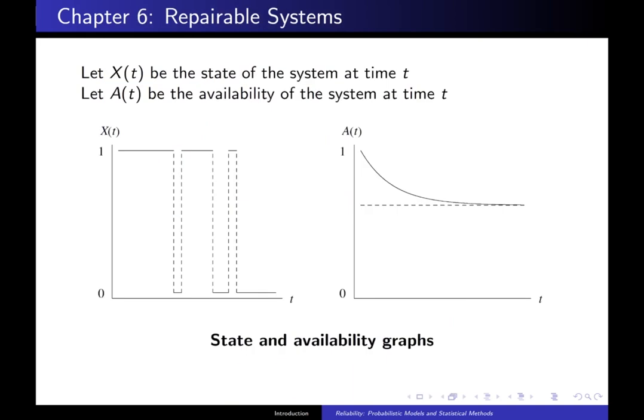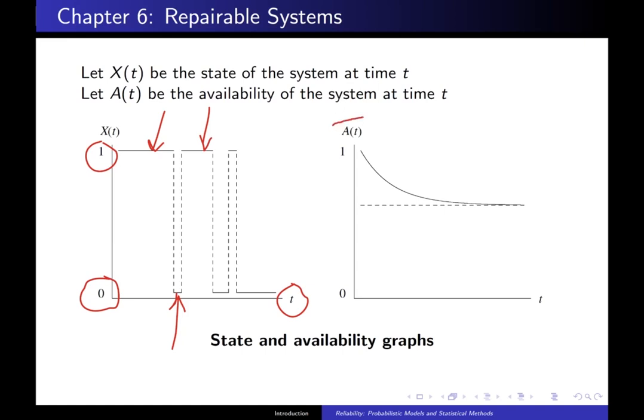And finally, the last of the probabilistic models is repairable systems. In this case, if you have 1 being functioning and 0 being failed, you look over the time axis here and you go from the functioning state down to the failed state. In the failed state, this item gets repaired. Once it's repaired, it's back in the functioning state, and you go up and down in that fashion.